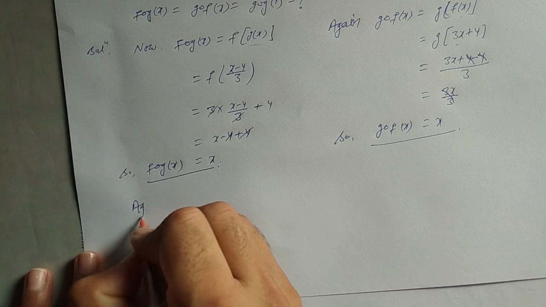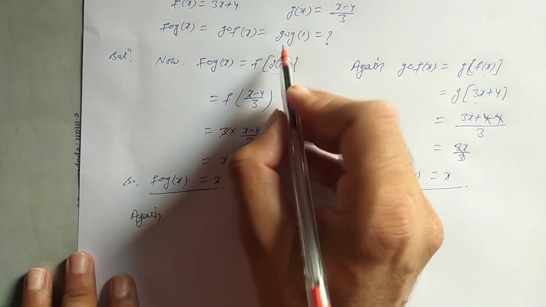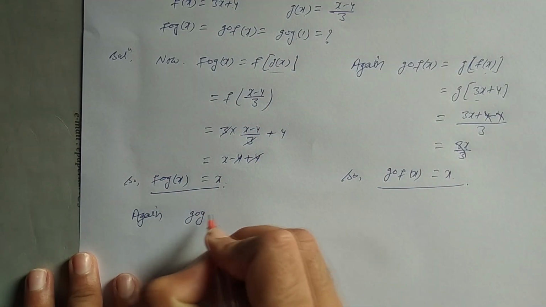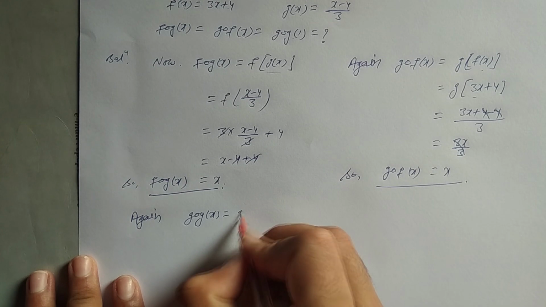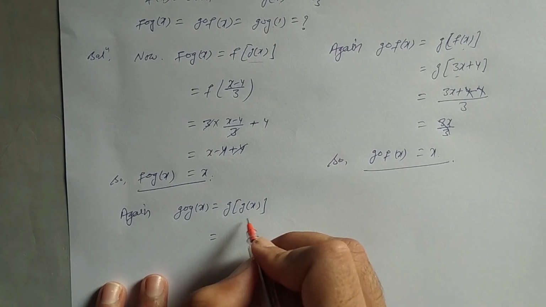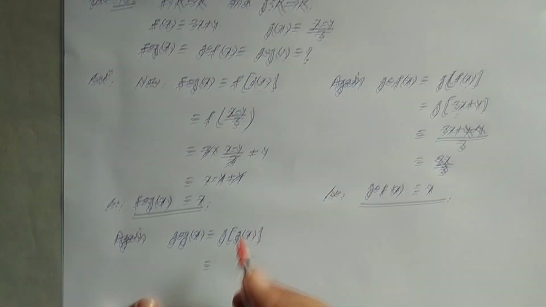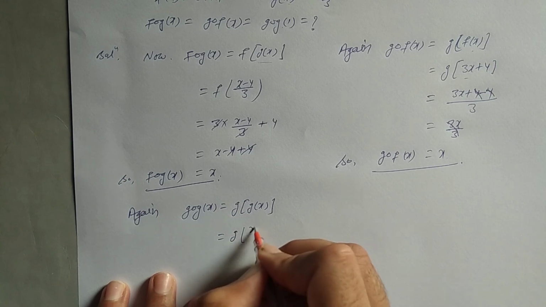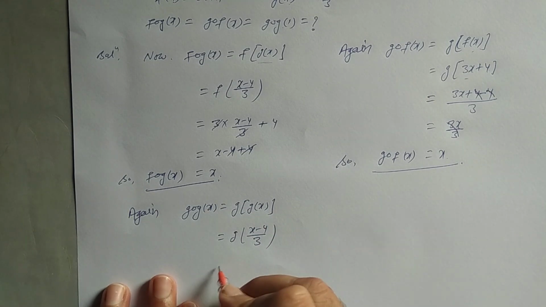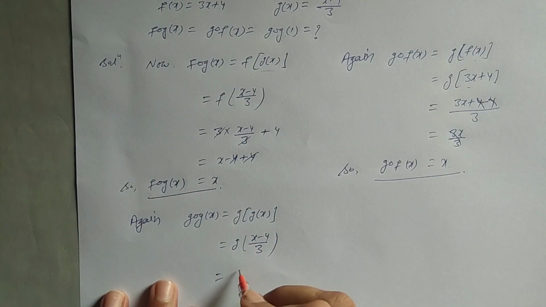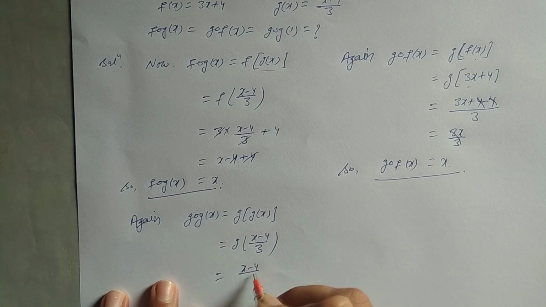Again, gog of 1. First, gog of x is equal to g of g(x). It means g(x) is equal to (x minus 4) by 3. Putting the value of g(x): g of (x minus 4) by 3, and putting the value of g of x: [(x minus 4) by 3 minus 4] by 3.